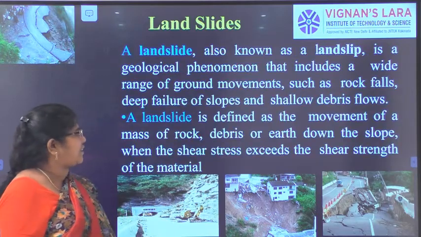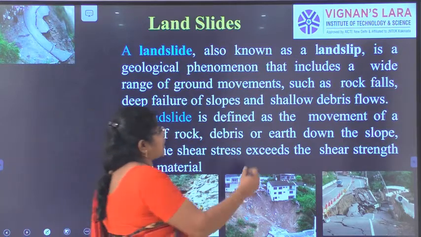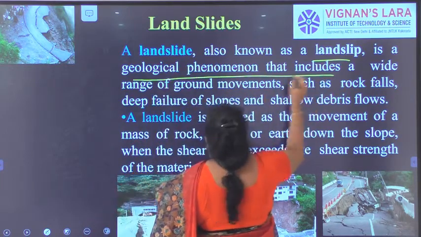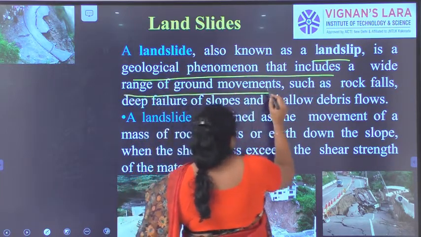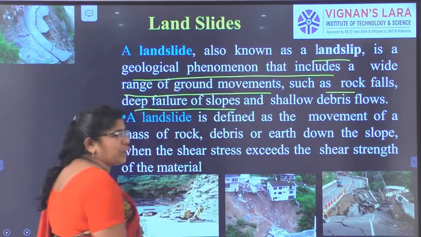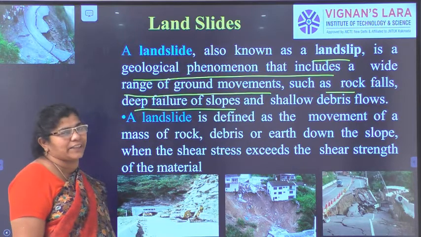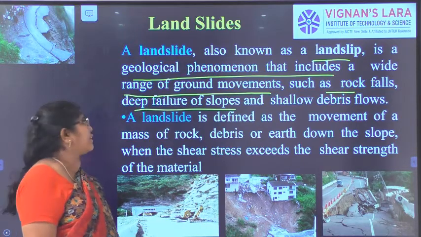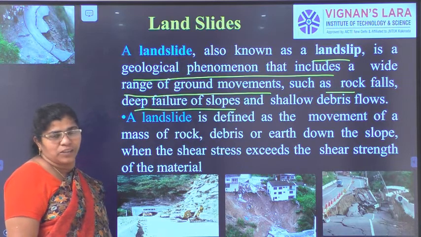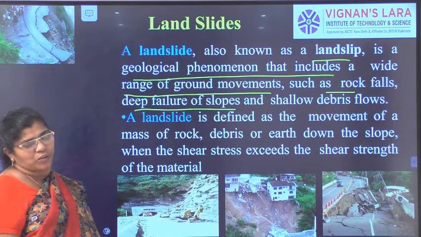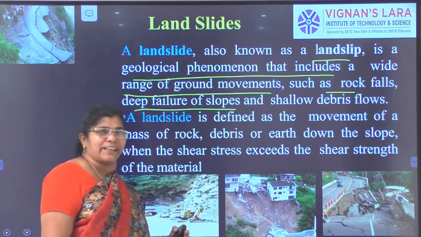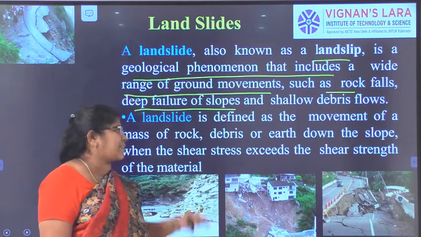But as a geologist, we say it is also known as a landslip. It is a geological phenomenon that includes a wide range of ground movements such as rock falls, deep failure of slopes, or shallow debris flow; everything we call a landslide. Debris comes from broken houses, lands, trees, all the unwanted materials.